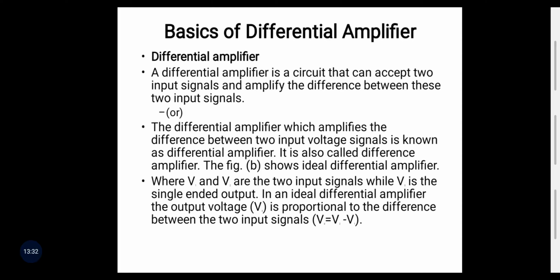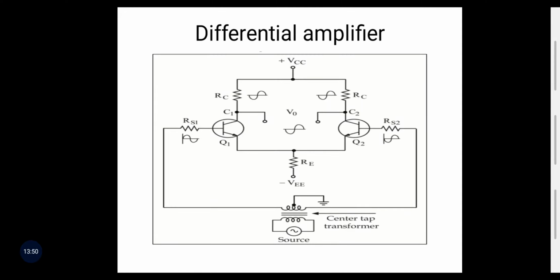V0 equal to AD Vd plus AC Vc. So finally we get V0 equal to differential mode gain AD into differential voltage Vd plus common mode gain AC into common mode signal Vc. This is the basics of the differential amplifier.